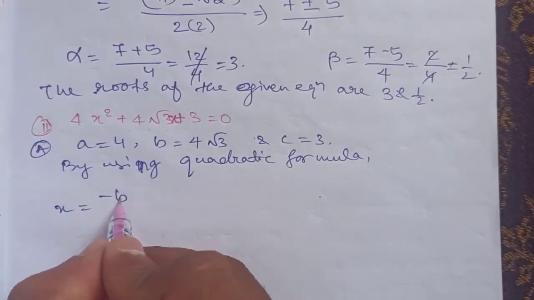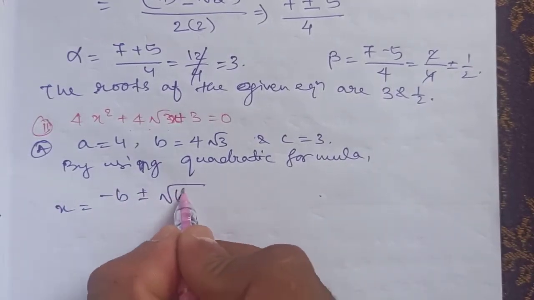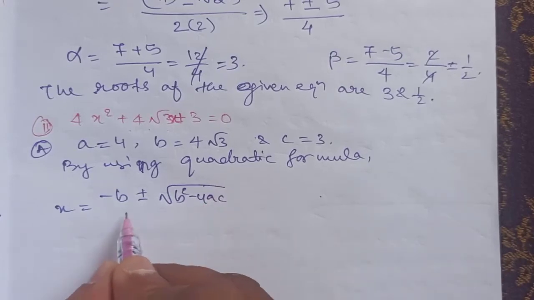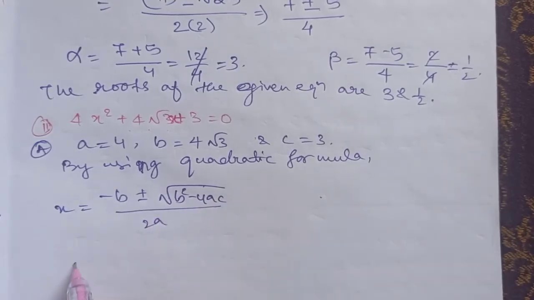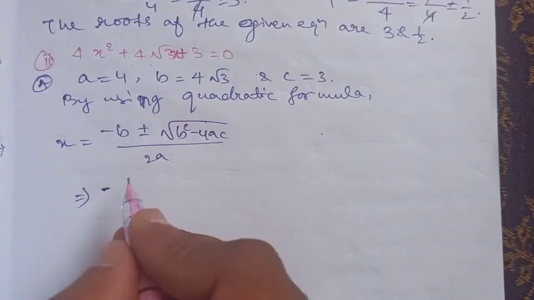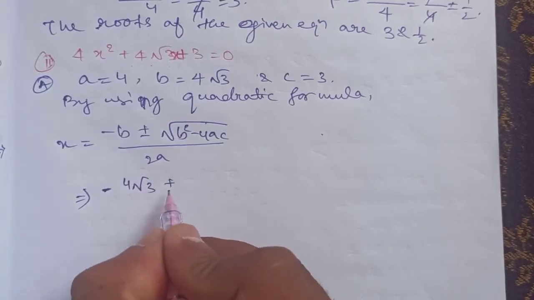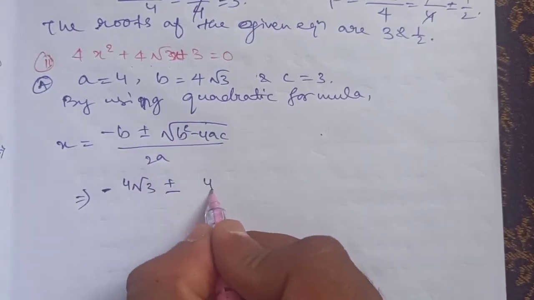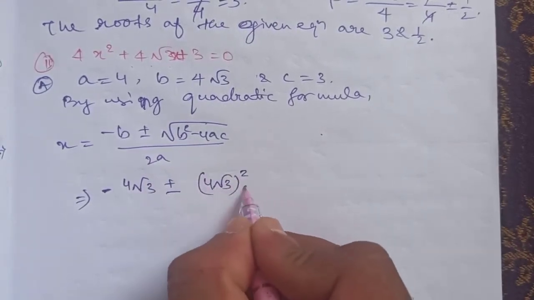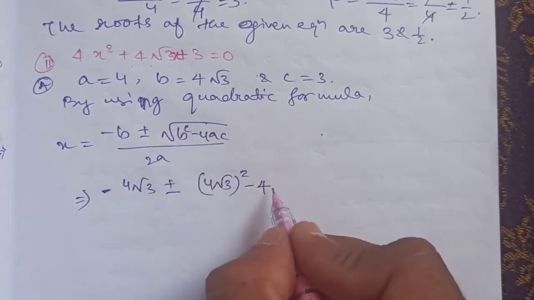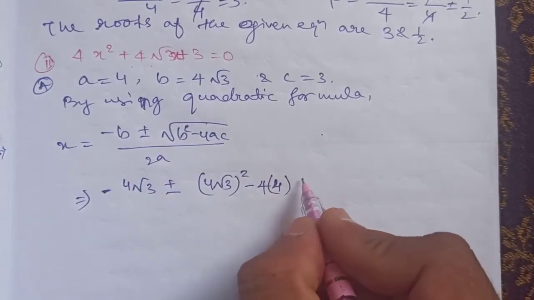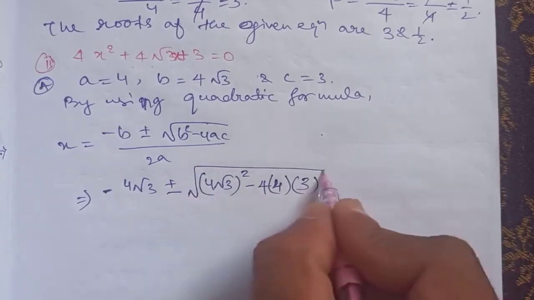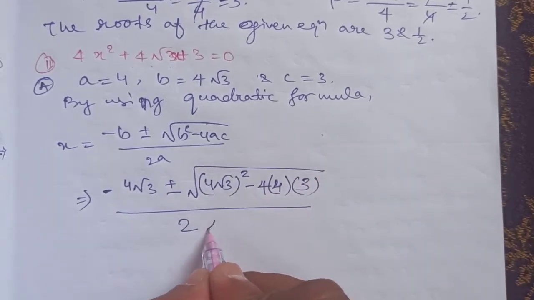X equals minus b plus or minus root b square minus 4ac by 2a. Minus b is how much? B is 4 root 3, plus or minus b square. B square is 4 root 3 square, minus 4. A is 4, write in bracket. C is 3, write in bracket. Square root, by 2a.